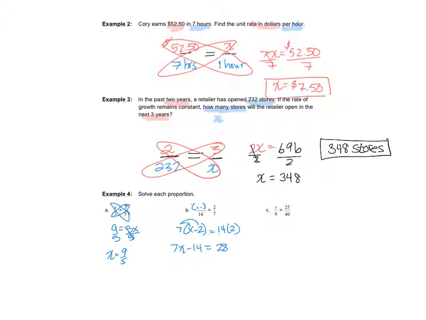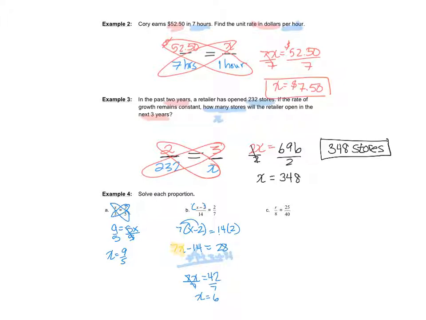And now I can isolate my x. The first step would be to add 14 to both sides. Seven x is equal to 42. Divide both sides by 7. And x is equal to 6.